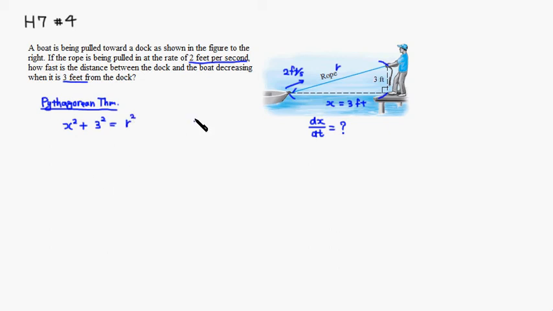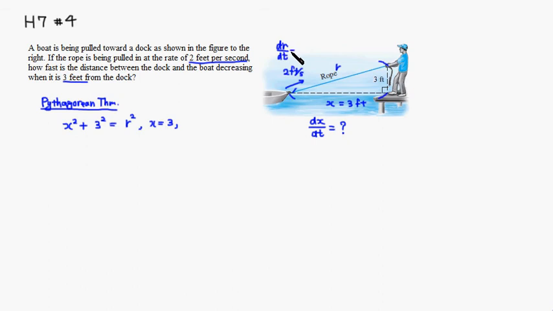We have that. Now let's write down what's given. x is, in this case, 3. And this is a rate of change of r, so this is dr over dt.